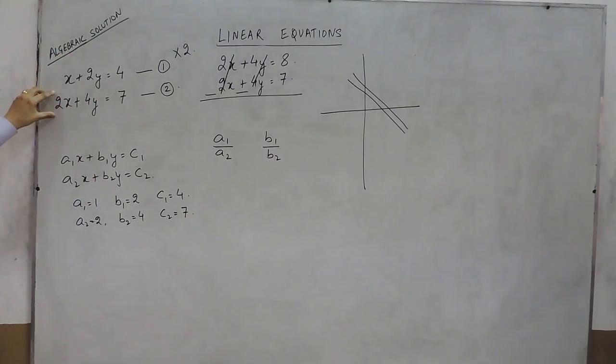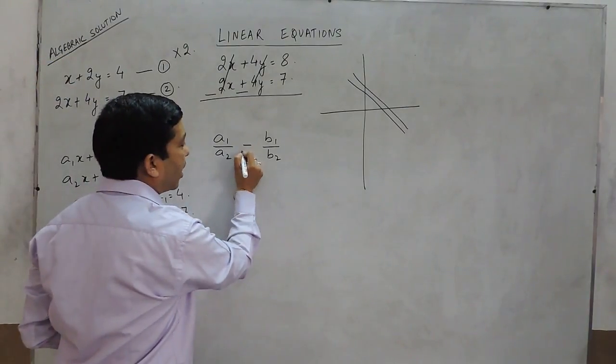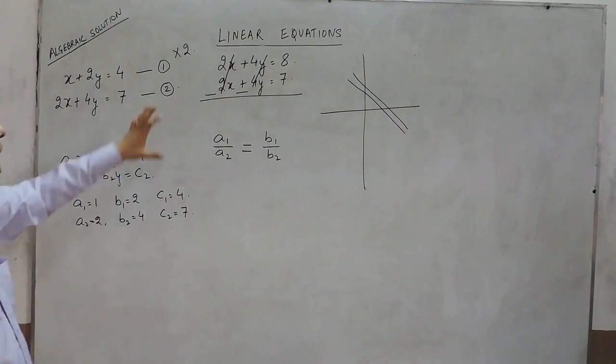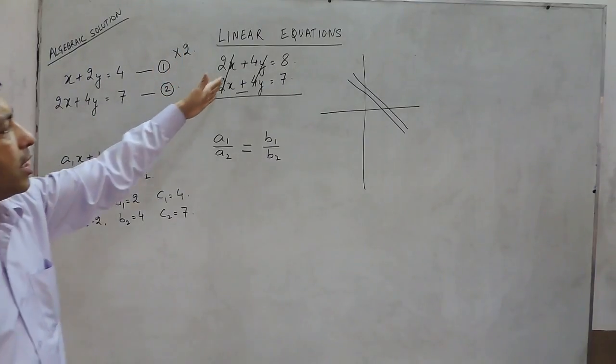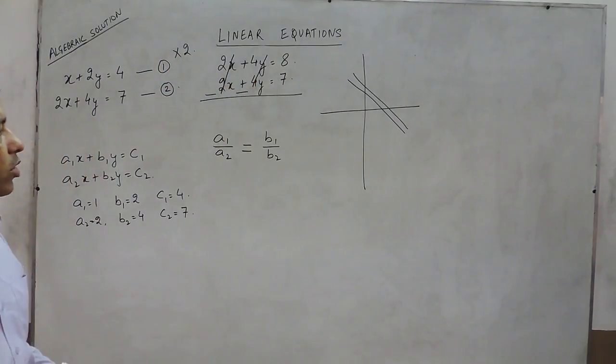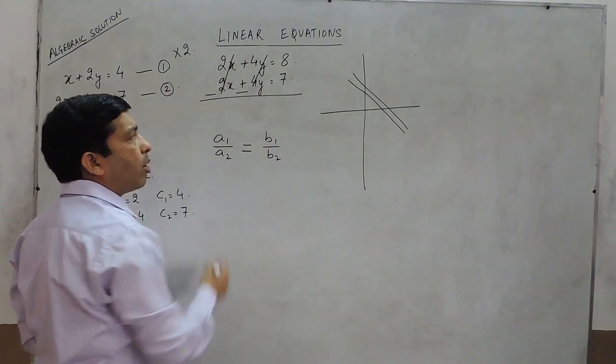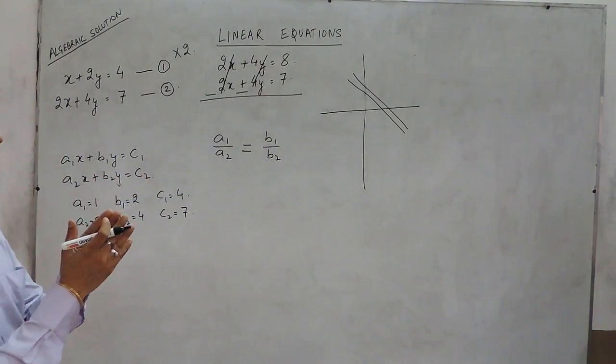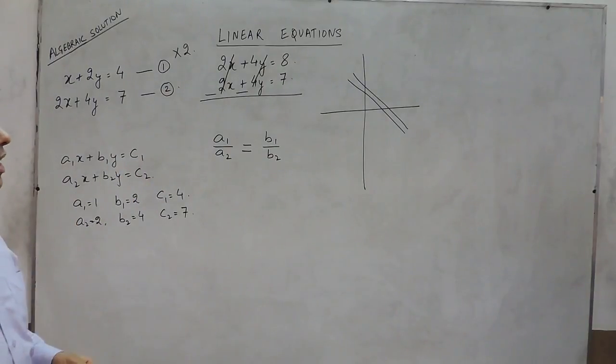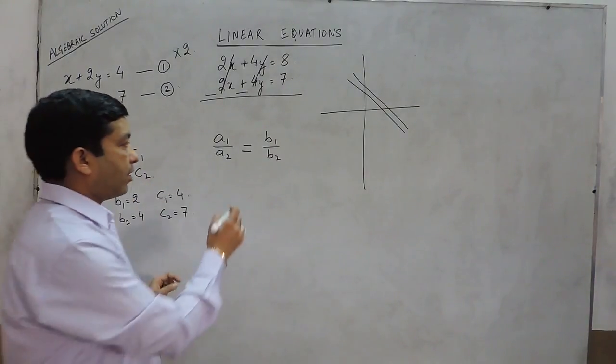If the ratio of the coefficients of x and the ratio of the coefficients of y are both equal, that means as soon as the x cancels out, the y will also cancel out on its own automatically. So this is the possibility where the values of x and y cannot be calculated.